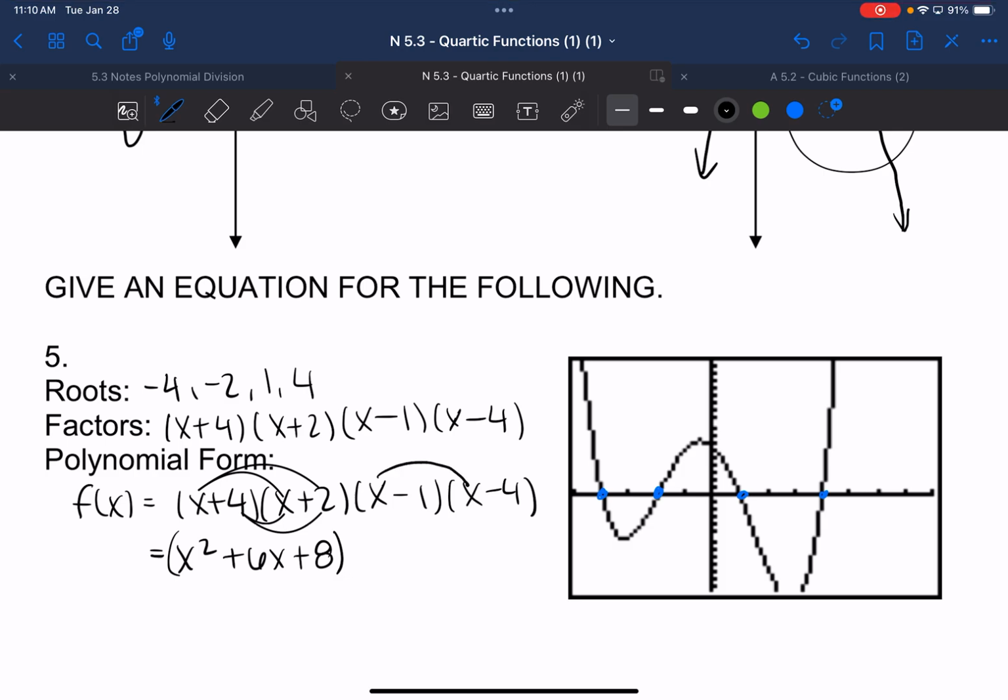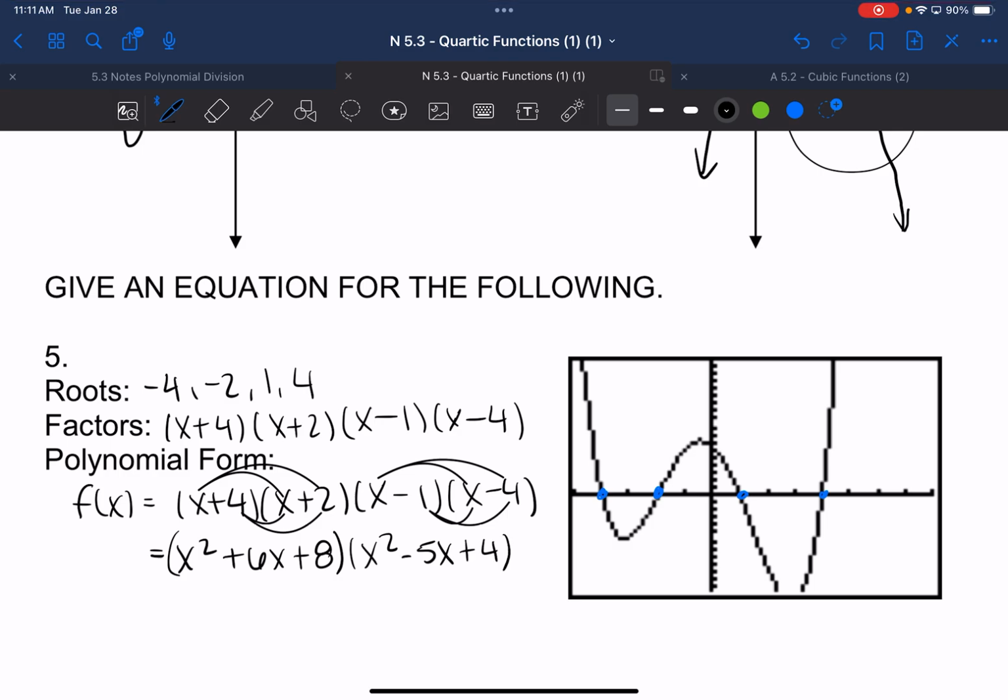So x times x gives us x squared, right, x times -4. And -1 times x, -x. And again, those are like terms, so if I combine them, I'll get -5x, right. Okay, and then lastly, -1 times -4, +4. Nice.